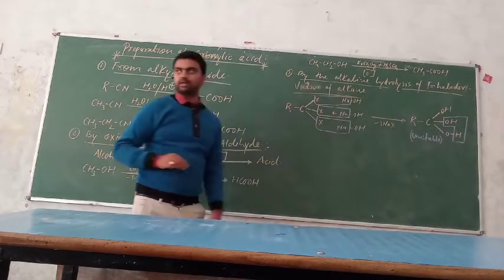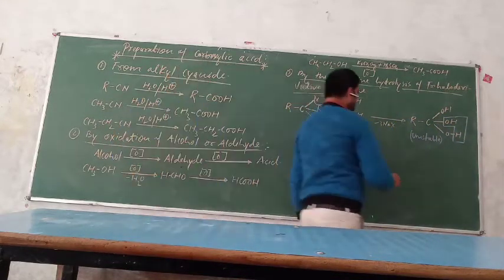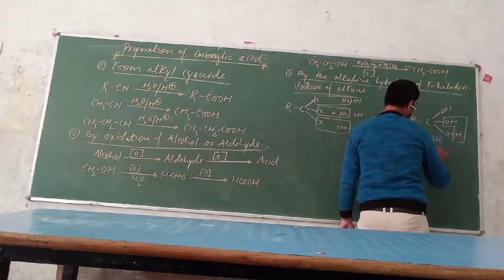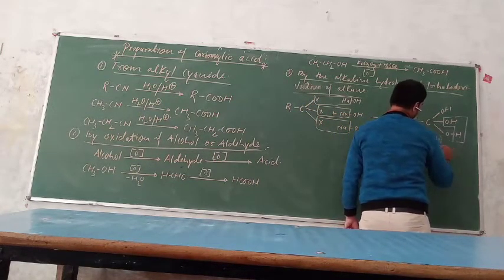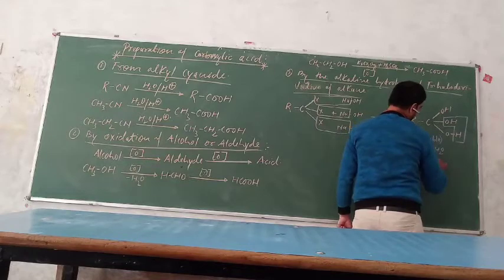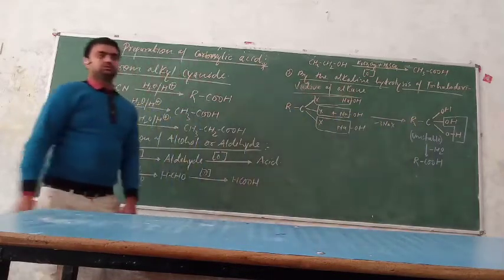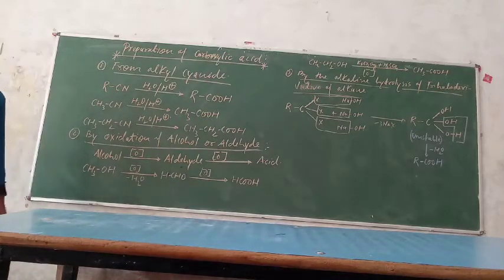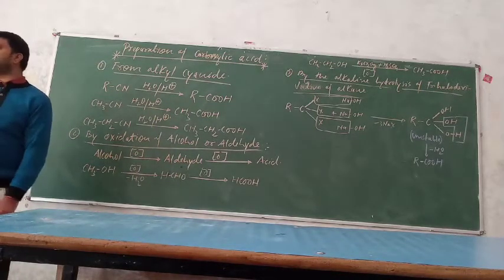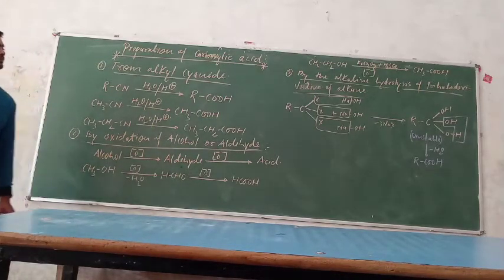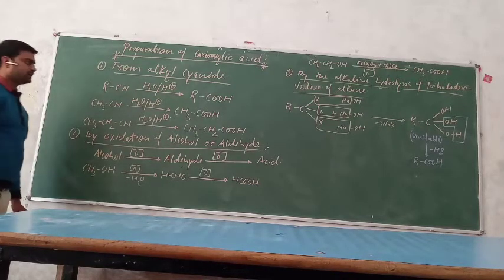and finally it changes into the acid, that is RCOOH. Clear? So by the alkaline hydrolysis of the trihalogen derivative of alkane, we get the carboxylic acid. Clear?